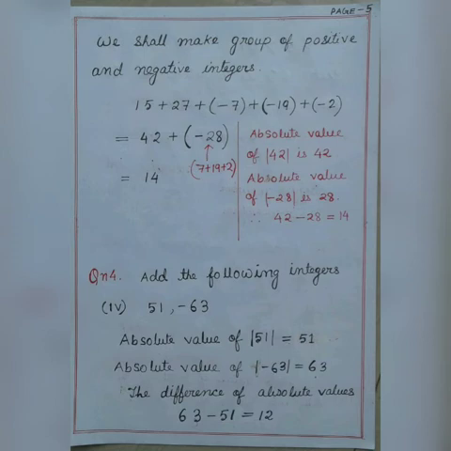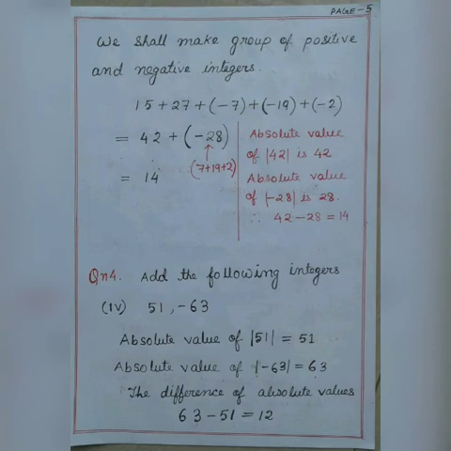Question number 4. Add the following integers: 51 and minus 63. So we shall find the absolute values of 51 and 63. We get 51 and 63. Therefore, the difference of the absolute values, 63 minus 51, is 12.